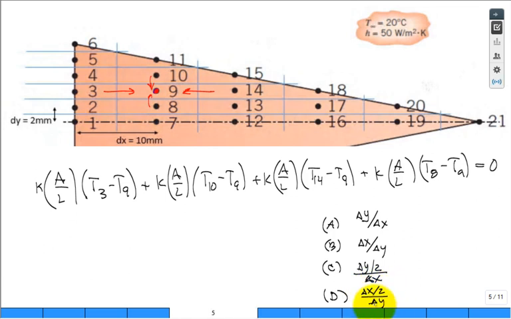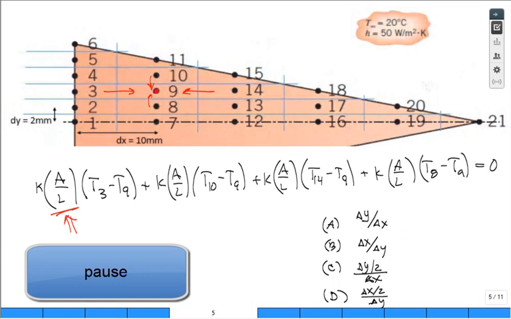You see your choices? So what we're going to do is we'll work on this one first, and we're going to work on the area to length ratio from node 3 into node 9. And so there you go.